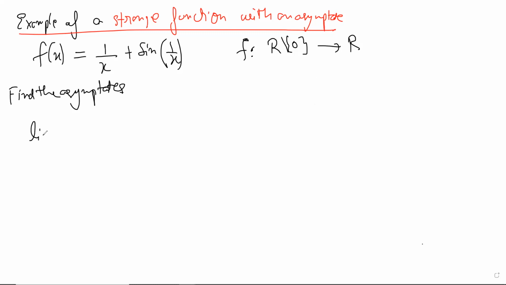And so you take the limit as x tends to 0. So let's see, if x tends to 0, we know that this is infinity.